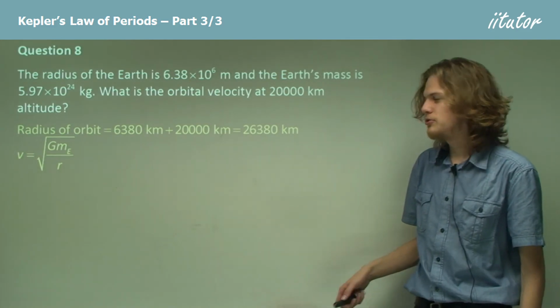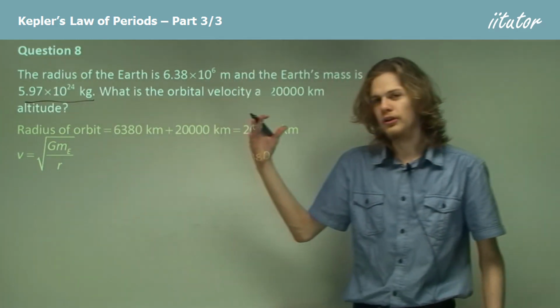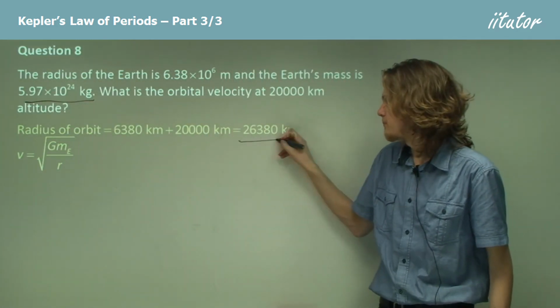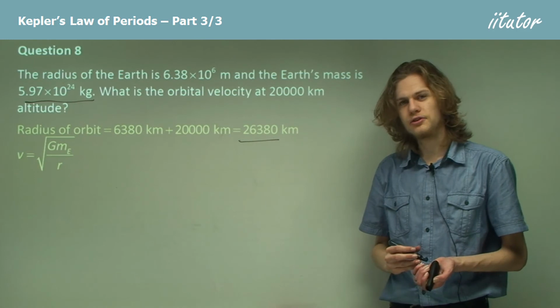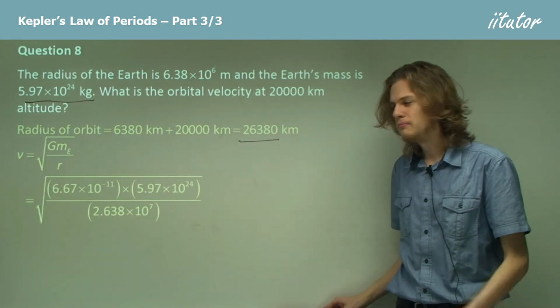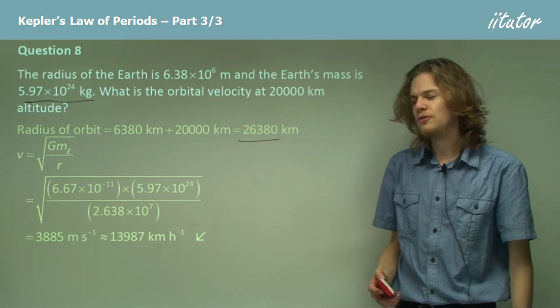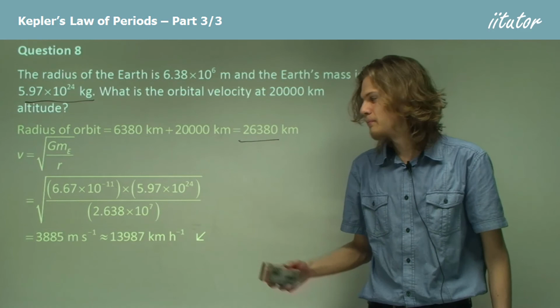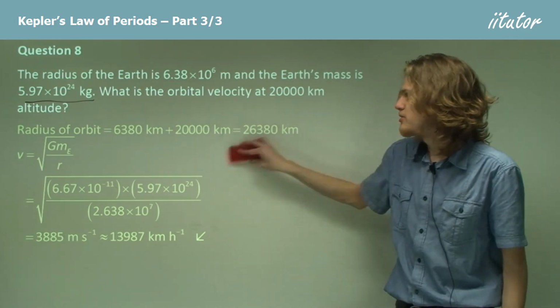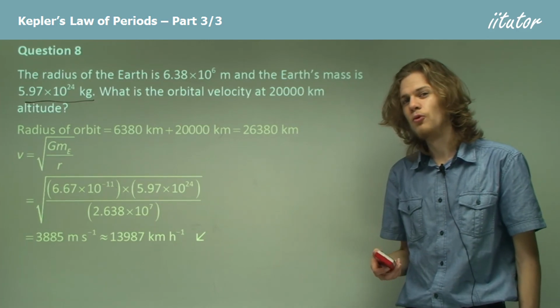Alright, so we can substitute in the mass of the Earth, our orbital radius, and the gravitational constant. That'll give us this complicated looking expression, which we'll evaluate to 3,885 meters per second. If you want that in units that you're more used to, you can translate it to kilometers per hour. We end up at about 14,000.